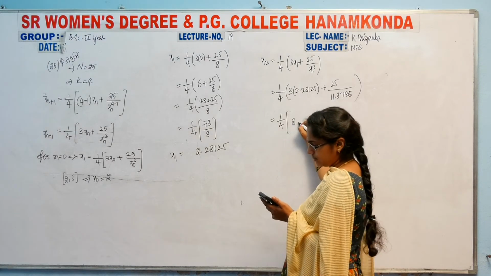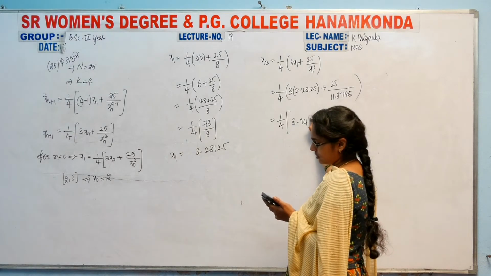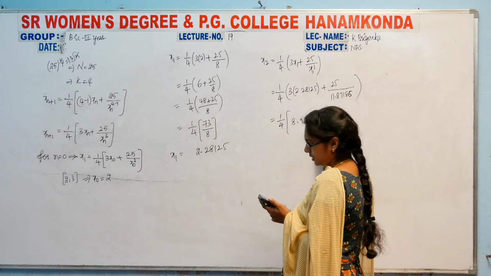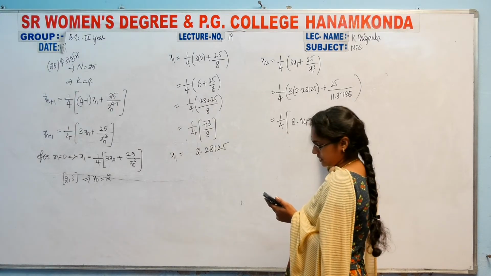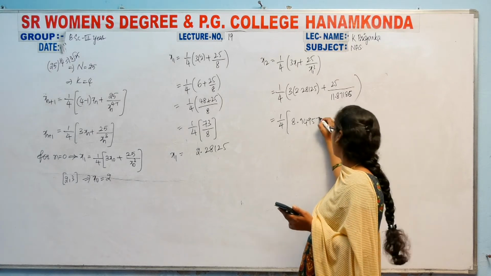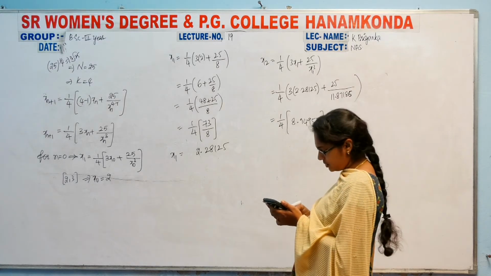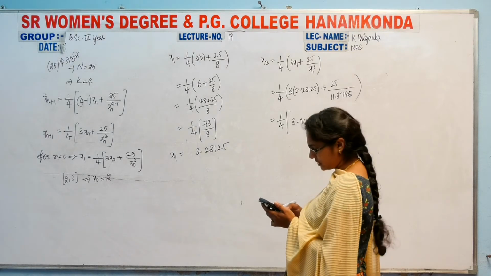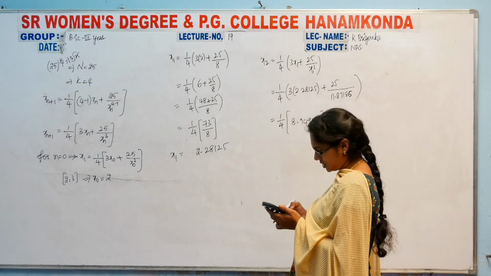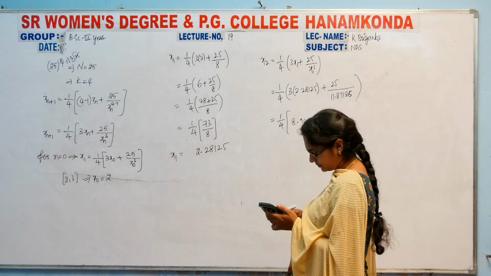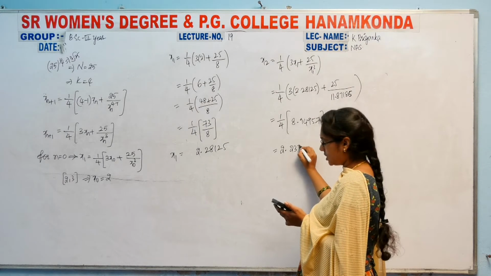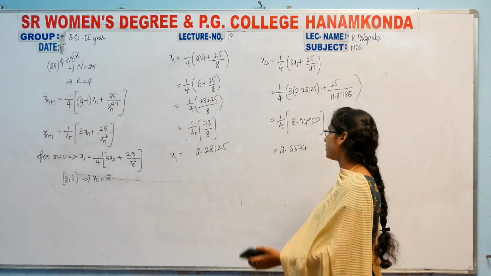Now here it is 8.9498957. 699 I have, I am taking 7. 8.9498957 divided by 4. Now it is 2.23739, so I am taking 74.